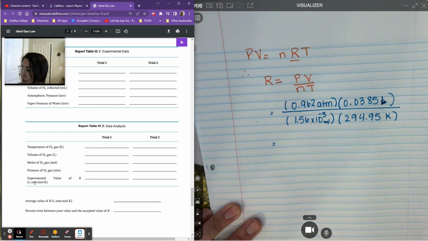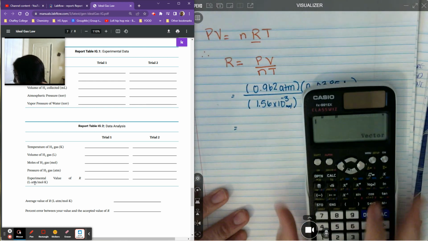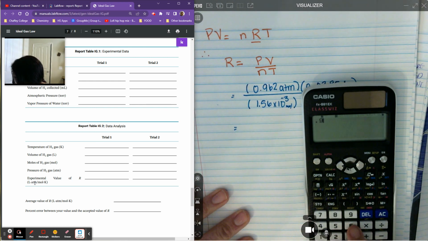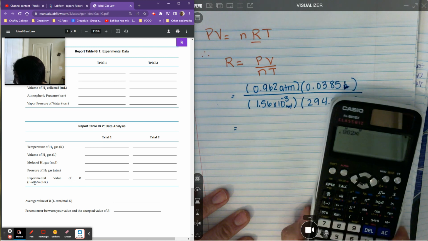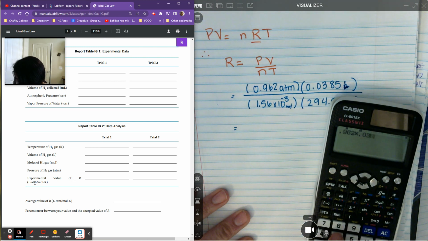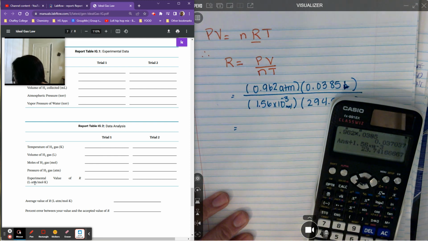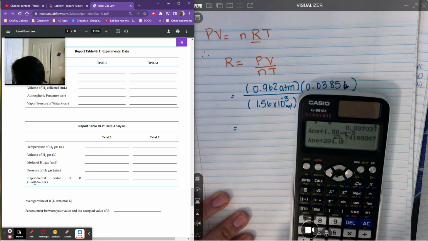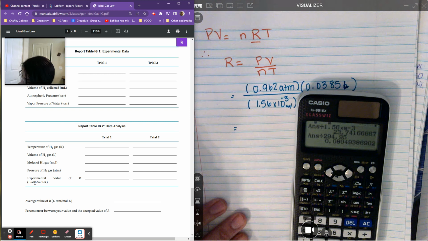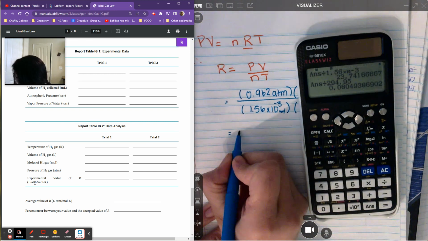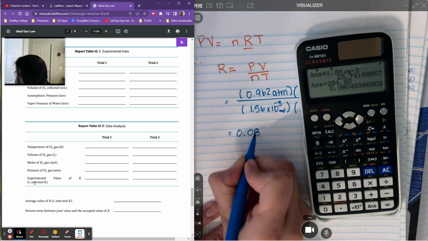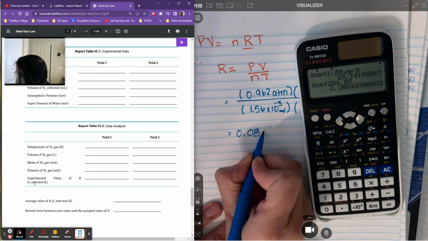Let's go ahead and solve this using our fancy dancy calculator. 0.962 times 0.0385 equals that, divided by 1.56 times 10 to the negative 3 is equal to that, divided by 294.95. So our R value came out to 0.0805.